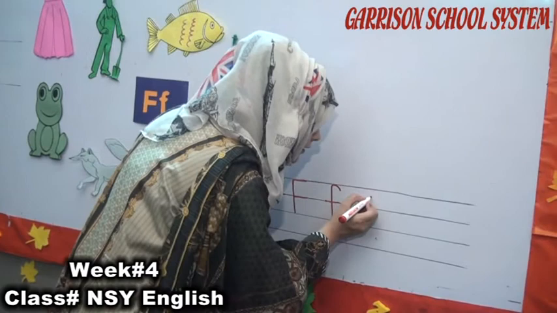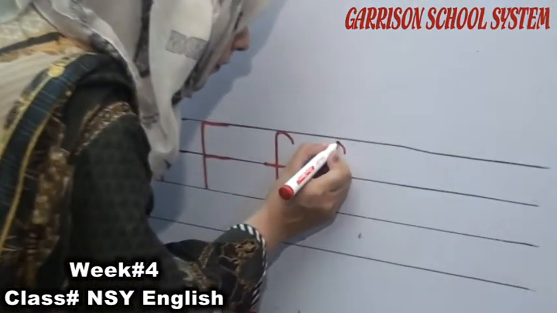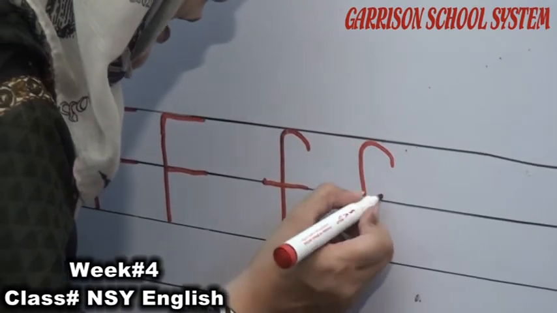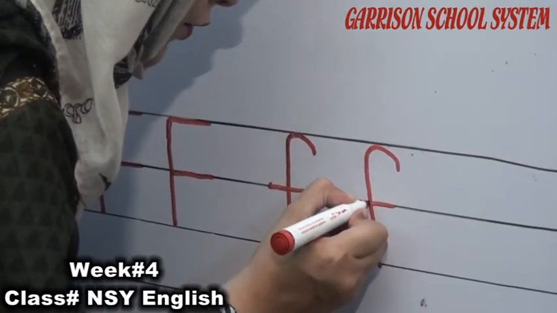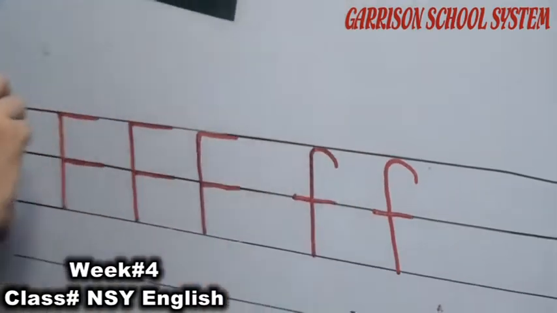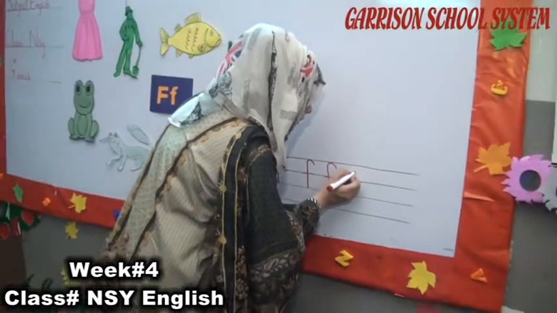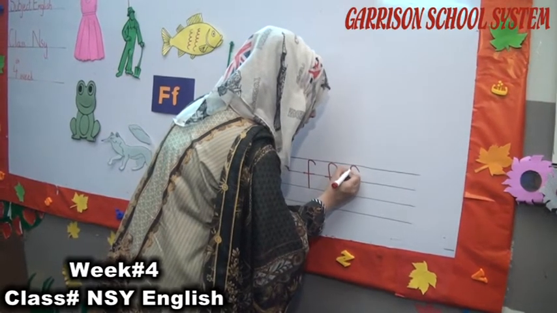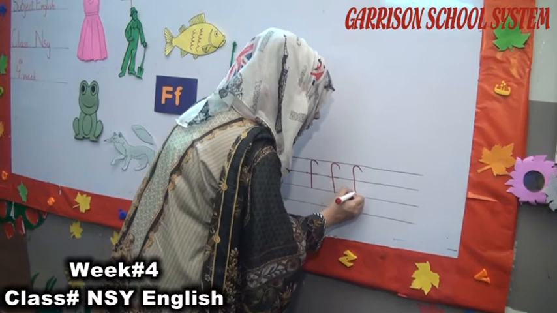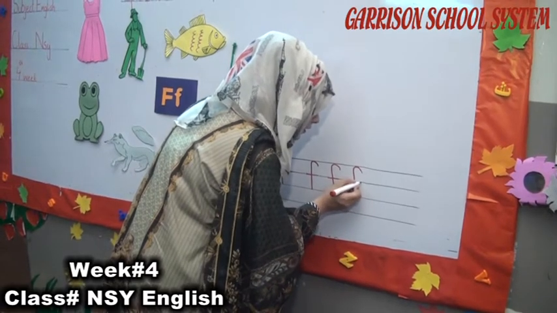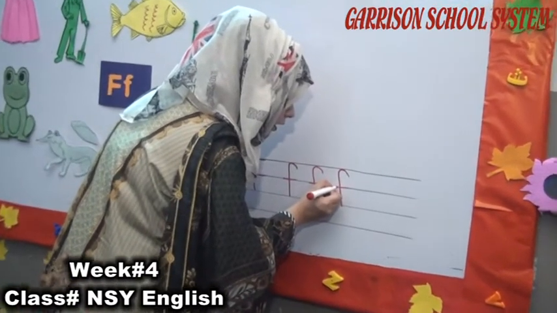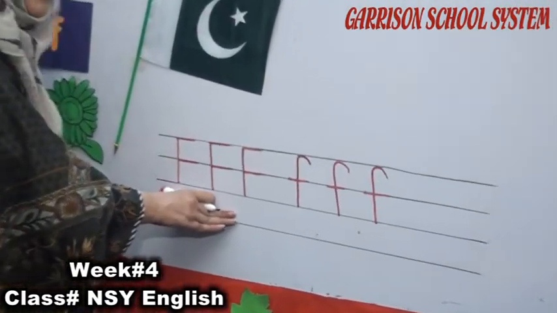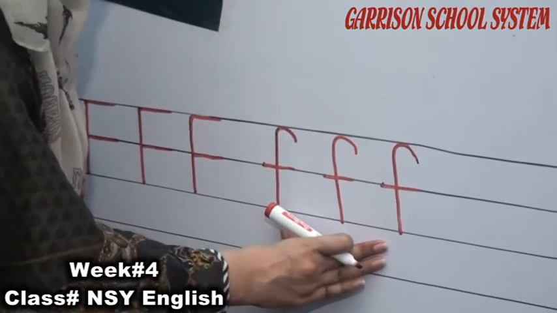Again we're going to draw it: curve, one standing pattern, and then close it with one slip. First we draw a curve, and then we move towards the standing pattern. We are closing it with one slip pattern. It's our uppercase letter F, it's our lowercase letter f.